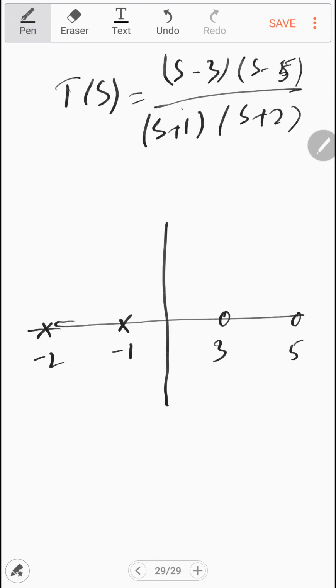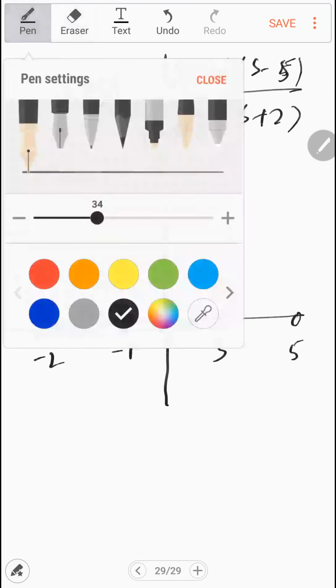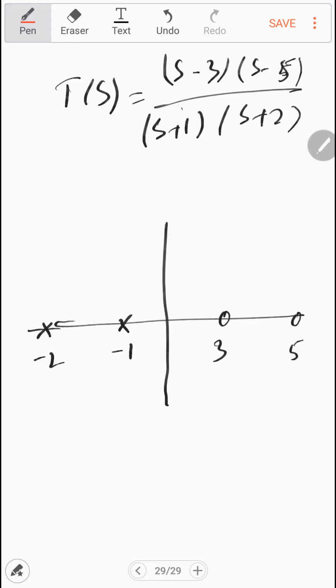We have two poles and two zeros. So the locus will start from the poles, and the locus exists to the left of an odd number of poles and zeros, and to the right of an even number.